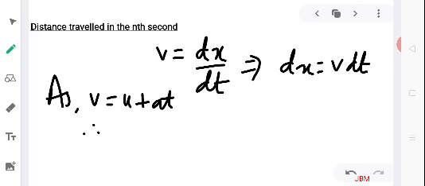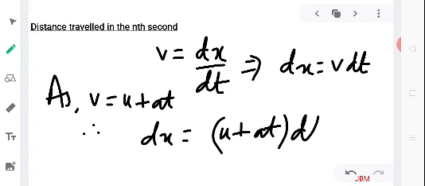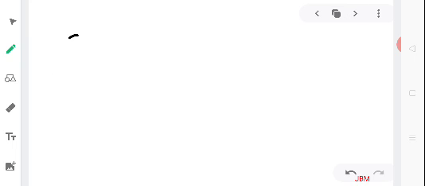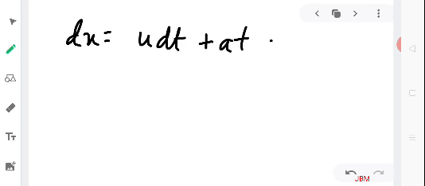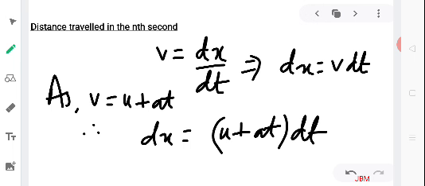Therefore we can write down dx equal to u plus a t into dt. You will find that we are still following the same steps as we had followed while deriving the second equation of motion. So dx is equal to u plus at dt. Let's remove the bracket. We will get dx equal to u dt plus at dt. Check it out, u dt plus at dt.